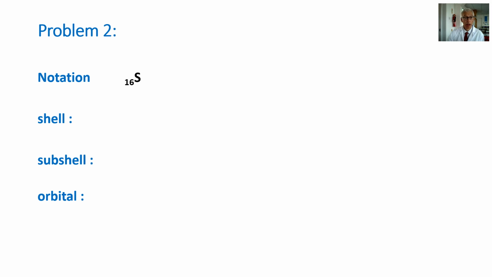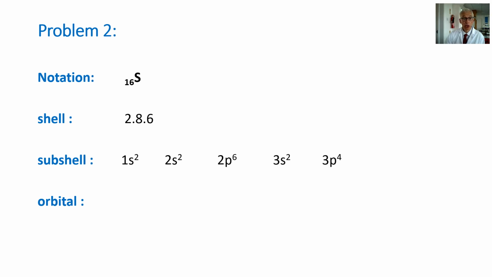So here are the correct answers. 2,8,6 is electrons in shells. In subshells, 1s2, 2s2, 2p6, 3s2, 3p4. Please make sure that you are getting the notation correct here, and that you are writing the numbers of electrons as a superscript.